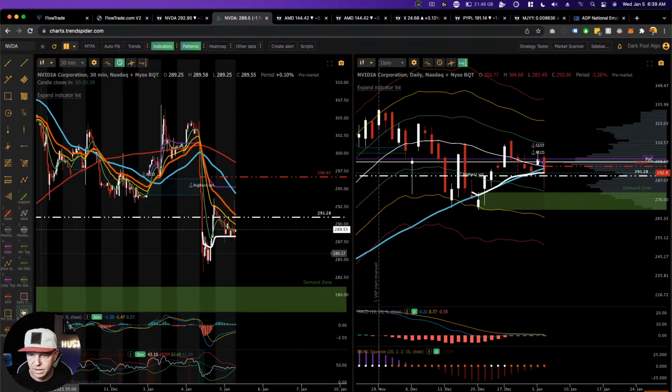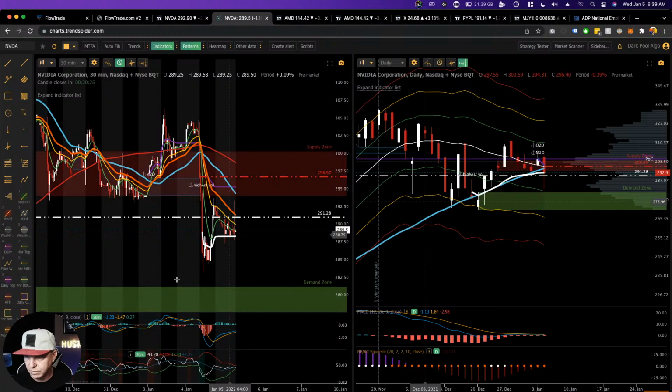We have a supply zone. Got a supply zone right there. So let's keep an eye on NVIDIA. So 280 puts, 300 calls on NVIDIA. 280 put, 300 call. Okay. That might be the predicted trade of the week.